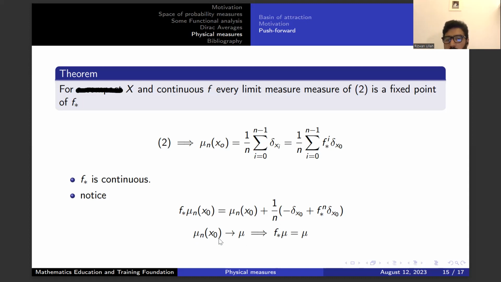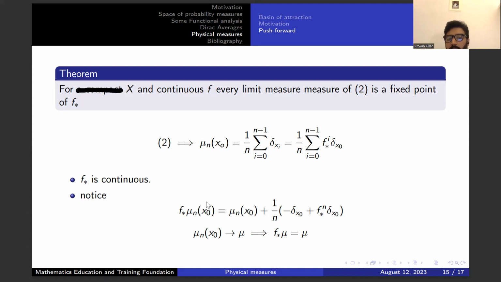So if the whole sequence mu n, the Dirac averages associated to the point x naught, converges to mu, then by the continuity of the push forward, the push forward of this sequence also converges to the push forward of the limit. From the left side, after the convergence, we will get the push forward of the limit, which is f star of mu. From the right side, the sequence mu n associated to x naught is converging to mu, so when n goes to infinity, we will get mu.